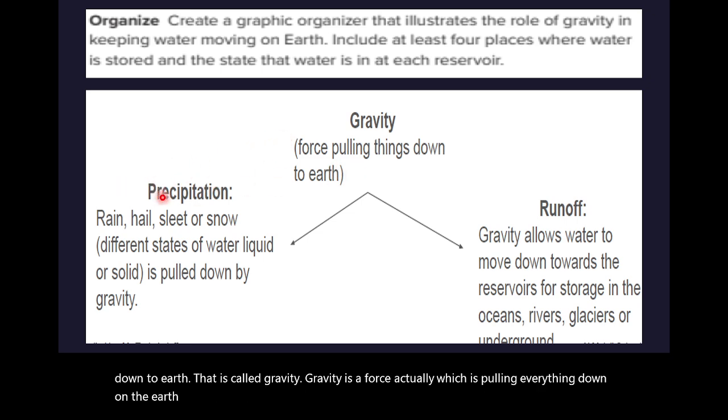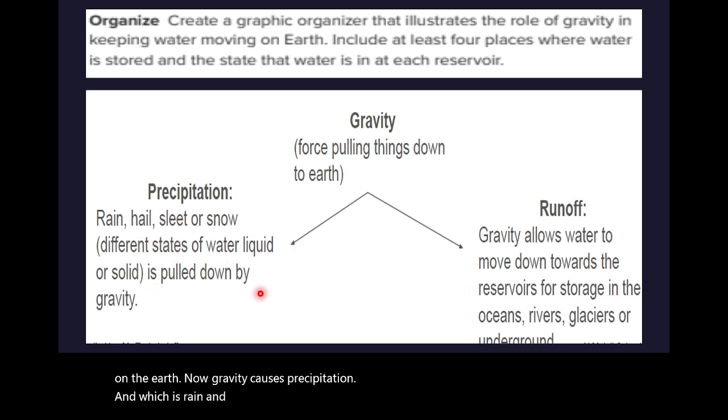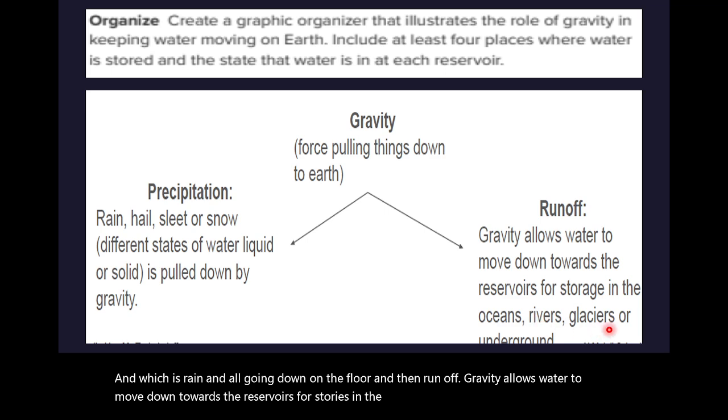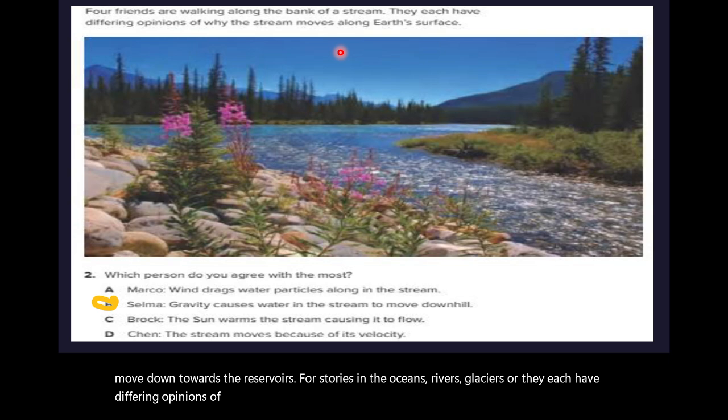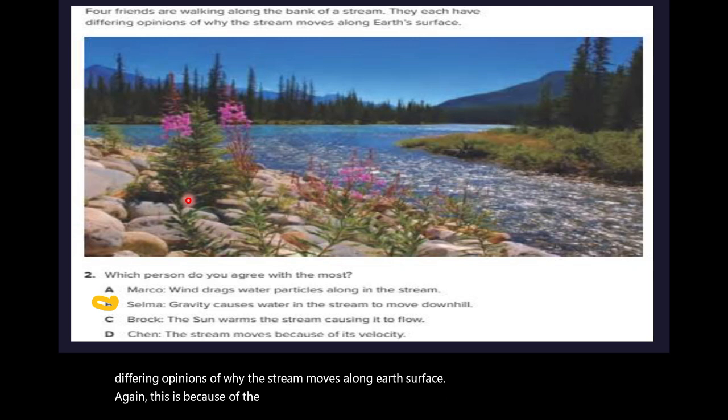Now, gravity causes precipitation, which is rain, all going down on the floor, and then runoff. Gravity allows water to move down towards the reservoirs for storage in the oceans, rivers, glaciers, or streams. They each have differing opinions of why the stream moves along Earth's surface. Again, this is because of the gravity we have already discussed.